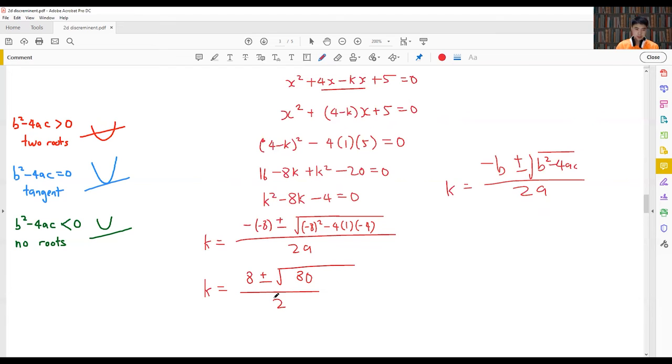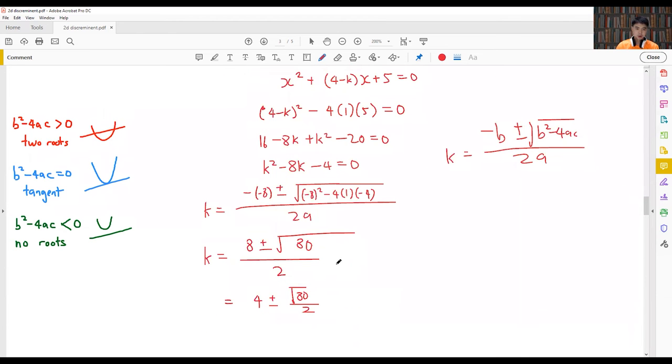And then from here, simplifying the equation, I should be able to get 4 plus minus the square root of 80 over 2.